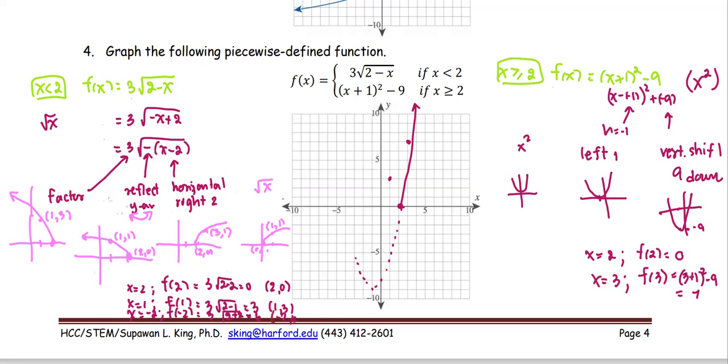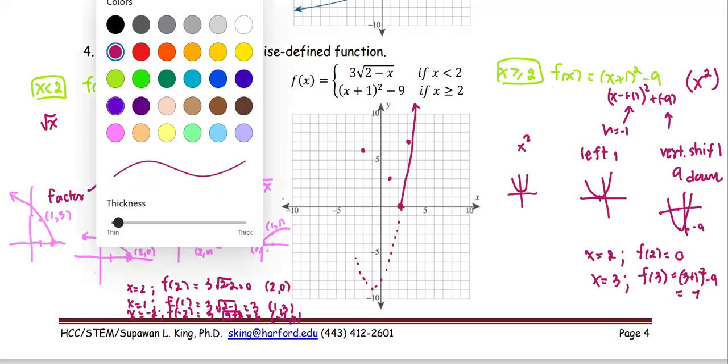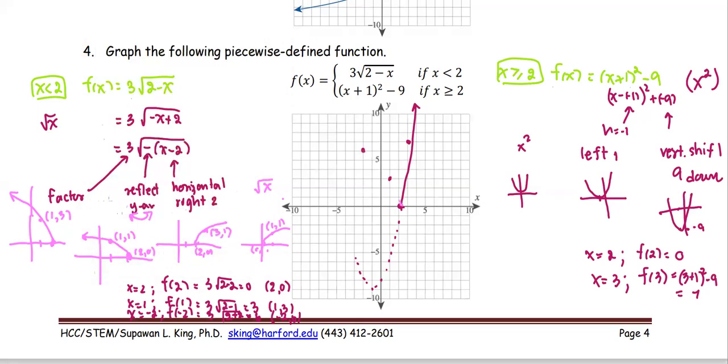So (negative 2, 6) is the next ordered pair. I use a different color. We're going to have a graph that looks like that. For the purple one, it's going to be an empty circle at 2, but for the red one, it's going to be a solid one at 2. So we got the graph of the piecewise-defined function.